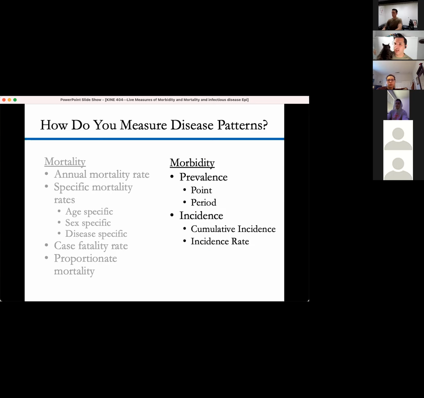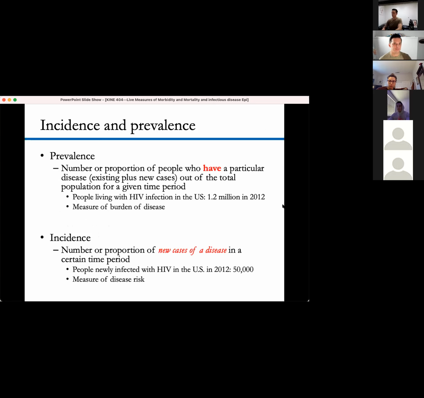And so what we're going to talk about is how they're used, why they're important measures for tracking both the burden and the risk for disease, and how they're calculated and what goes into those calculations. So that when you see these numbers in the media, in research articles, in your other classes, you know how they're calculated and what they actually mean, so that you have a better idea of how to interpret those numbers as well.